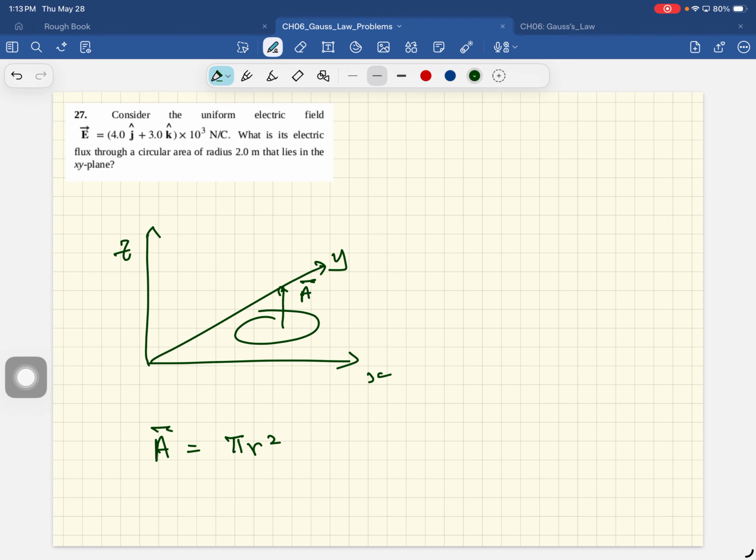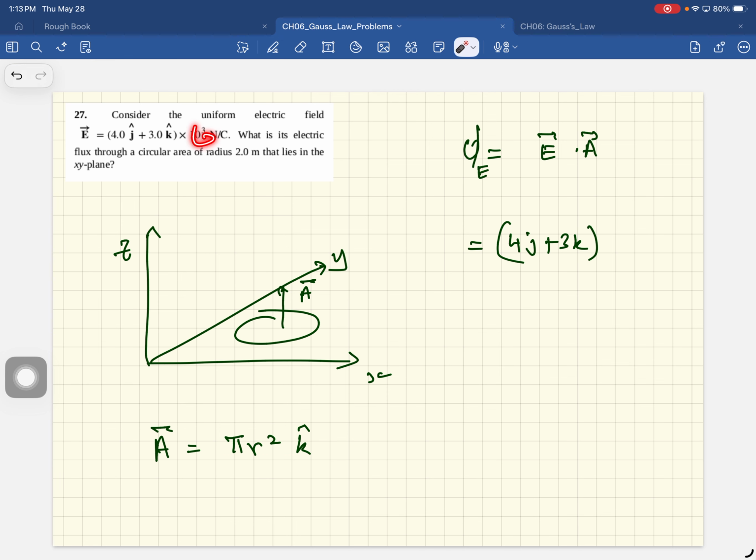That's 10 to the minus 15, 10 to the minus 3, 1.6 divided by, and I'll make this 0.4, another 10 to the minus 3, so 4 times 10 to the minus 6 coulombs per meter squared.